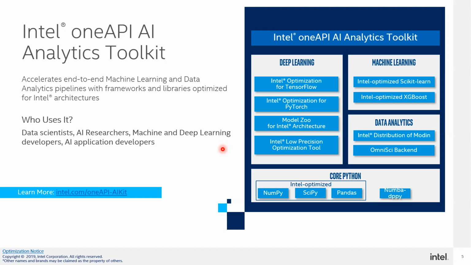TensorFlow uses oneAPI today on Xeon processors, and we look forward to using oneAPI to run on future Intel architectures. Similarly, Intel optimization for PyTorch currently runs on Xeon processors, but we look forward to using future Intel architectures. So we got optimized versions in the machine learning space. We got optimized versions of Intel-enabled scikit-learn with a wide variety of machine learning algorithms like k-means, DBSCAN.